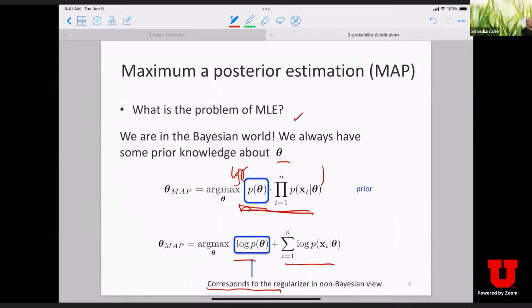For example, if you place the standard normal prior on theta, this actually corresponds to L2 regularization. Any questions so far? I assume everyone has heard this before. There is not too much to talk about. We just review this classical framework.